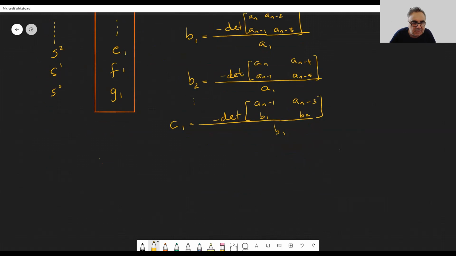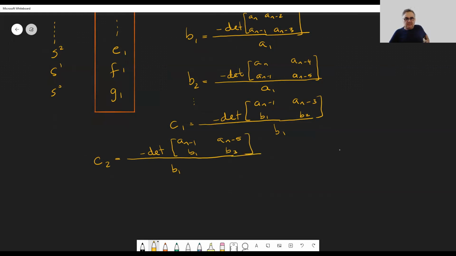And similarly, lastly, C2 would be, again, you divide by B1, the negative determinant of this 2 by 2 thing, a_(n-1), B1, a_(n-5), B3, and so on. Okay, you get the logic here.